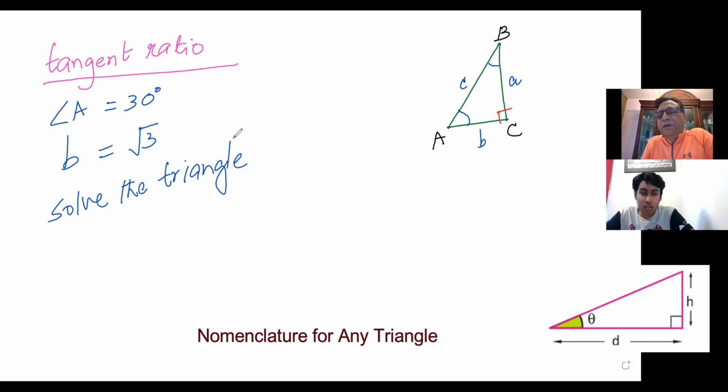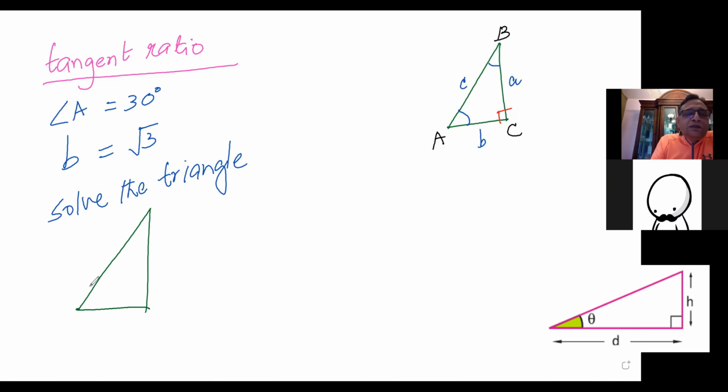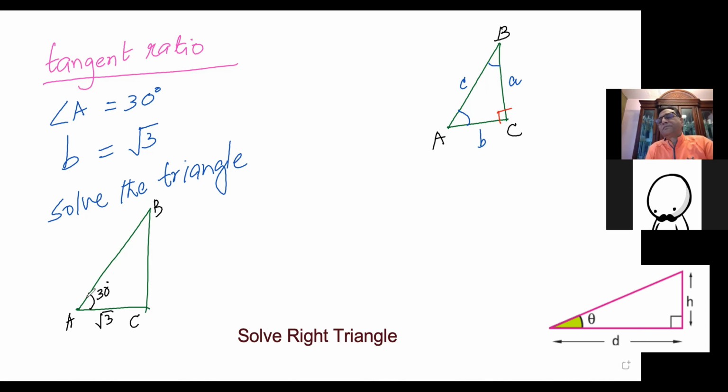So now b means the side AC, correct? Yes, sir. So let's try to understand this nomenclature. In our triangle, which is not to scale for sure, angle A is 30 degrees, which is angle A here. This is C, and this is capital B, and the side b, which is square root of 3, is on this side. Is that clear to you?